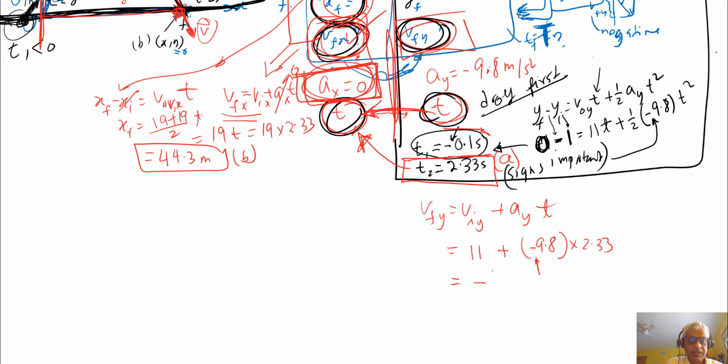And this angle theta will be the arctangent of minus 11.9 over 19. When you work it out, that turns out to be minus 32 degrees.